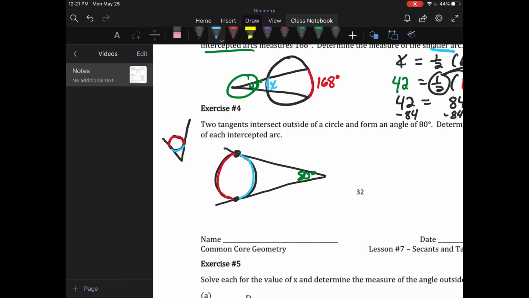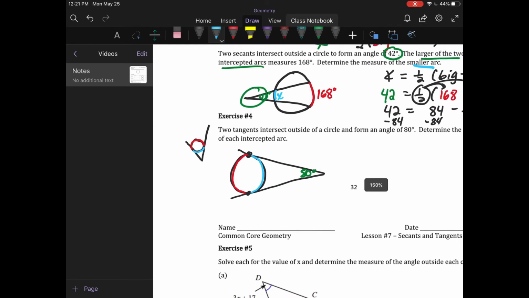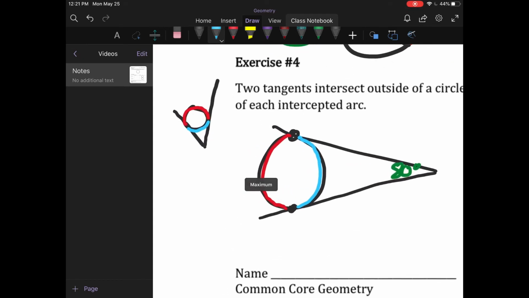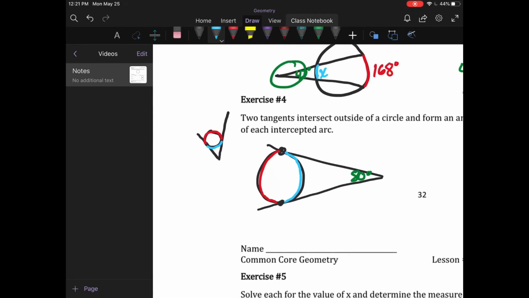So we are going to do the formula to see if we can figure this out. We don't have a whole lot of information, but what we do know is that they're both tangent lines. So that means that when you add the big arc and the small arc together, you're going to get a whole circle. If you put the blue and the red arcs together for 2 tangent lines, they're going to equal 360 because it's the whole circle.